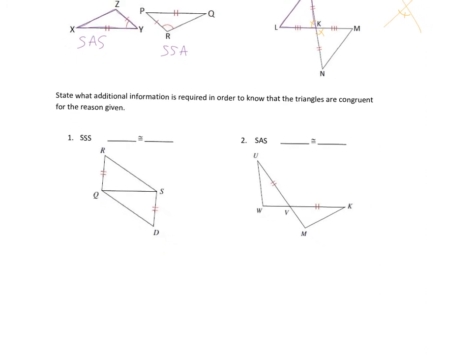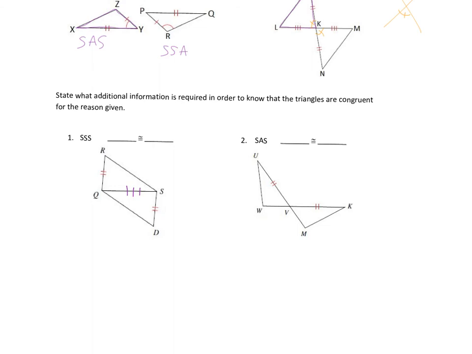All right, last bit here. We're going to state what additional information is required in order to know that the triangles are congruent for the reason given. So for instance, number 1, side, side, side. Well, we know that RQ is congruent to SD. We can also assume that because QS is shared by both, it must be congruent to itself.